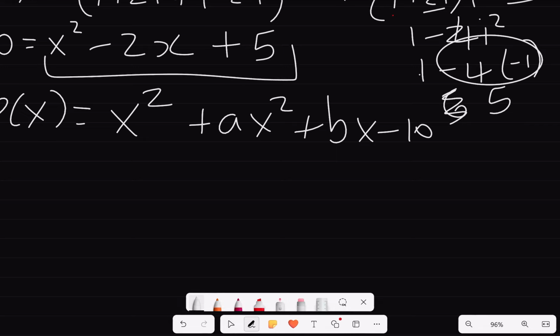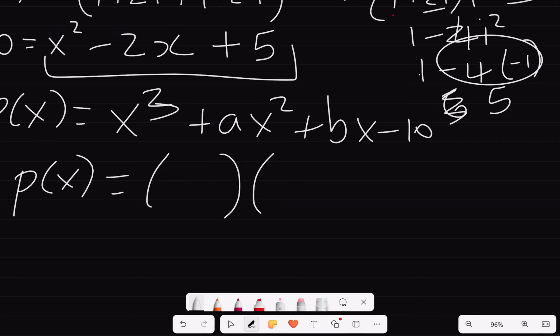This is a factor of p of x. I know that it's a cubic function, so I'm going to have two factors here. The linear factor will go there and the quadratic factor will go there. So my quadratic factor is x squared minus 2x plus 5.